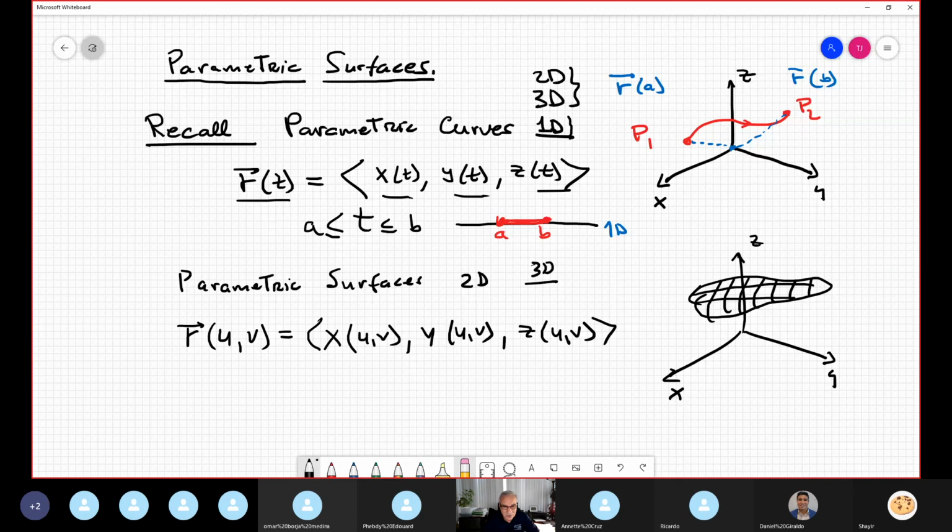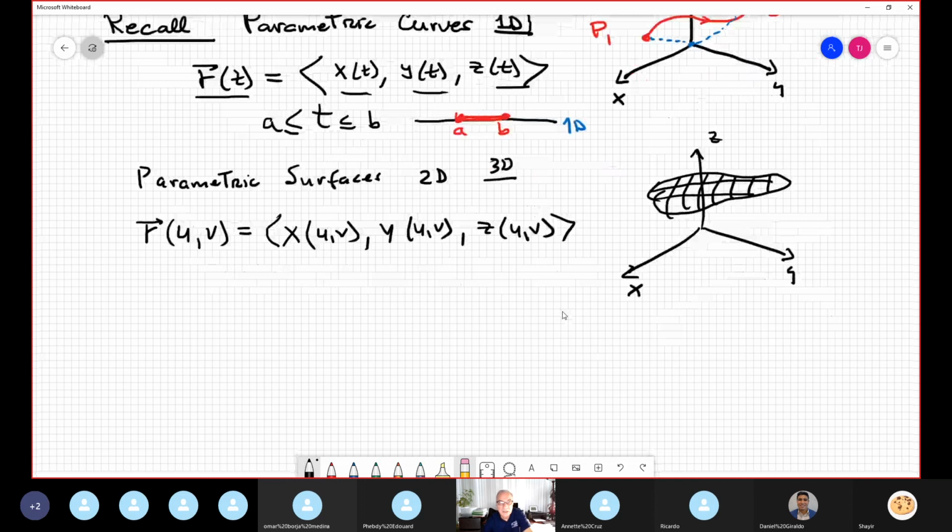And that's it. Of course, no, this is just the beginning. Now, the domain of u and v is completely different from the 1D case. In this case, we have 2 dimensions. Suppose our domain of u and v is represented like that.